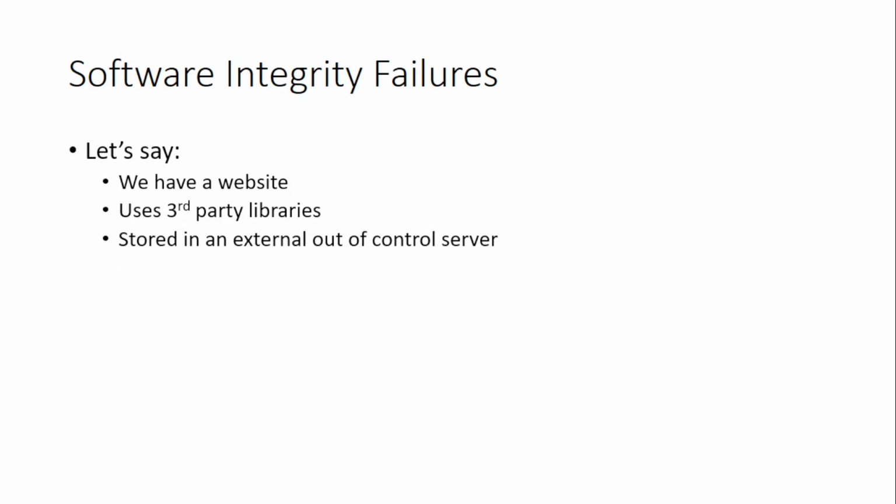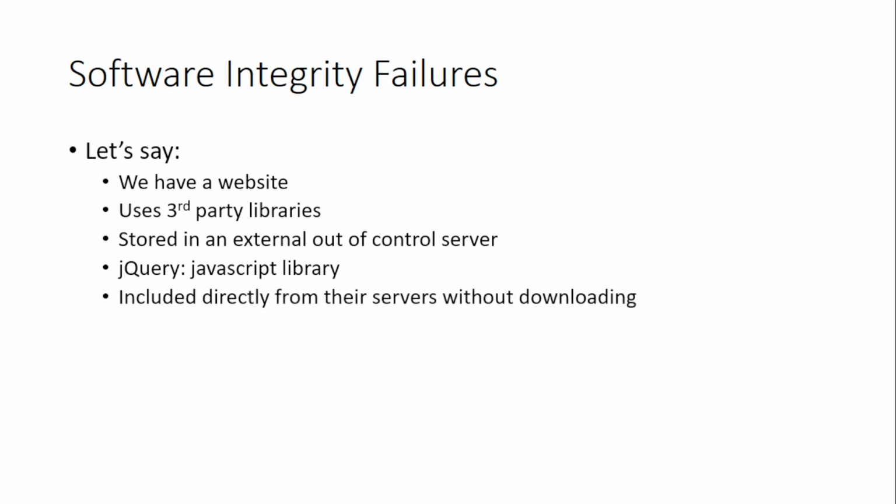This sounds a bit weird, but it's something that is commonly used. For example, jQuery. It's a JavaScript library. If we want to include this library, we can do it in two ways: either having it on our servers or directly including it from their servers without downloading it.